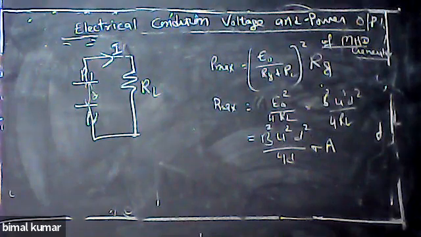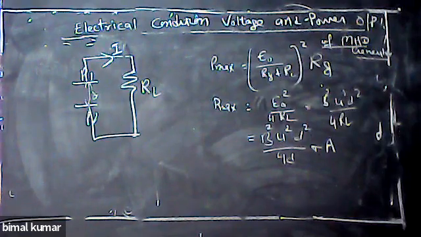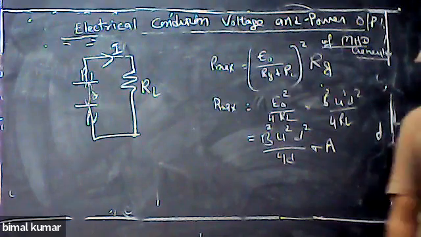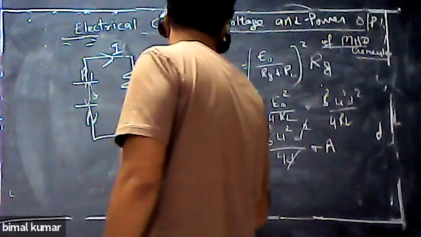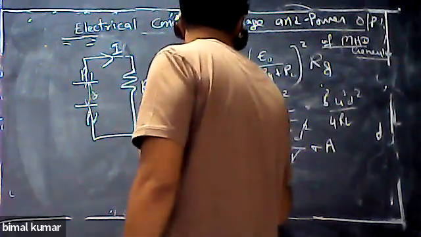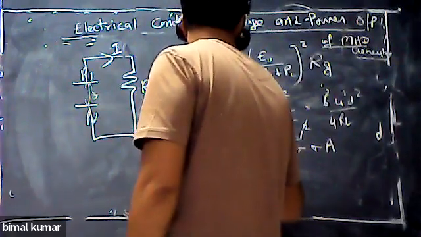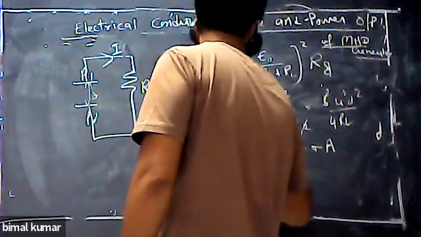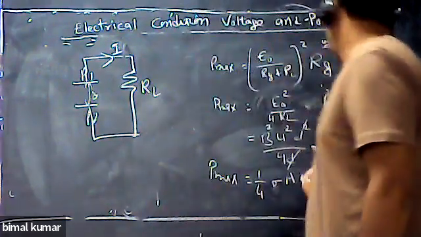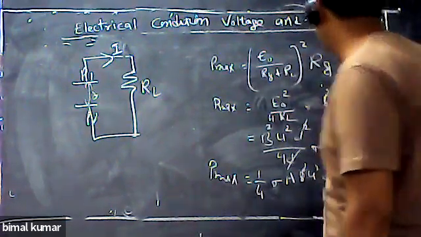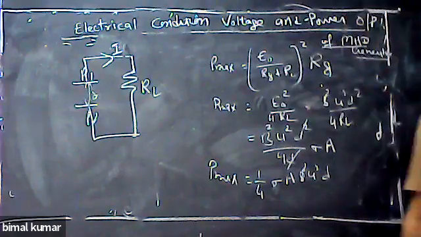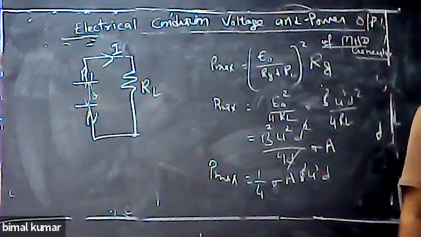This equation becomes 1 by 4 into sigma U square D square into A, with one d cancelled out. So the equation for the maximum power becomes 1 by 4 sigma A B square U square into d. So this is the equation for the maximum power, right?